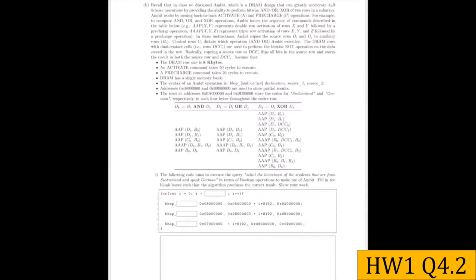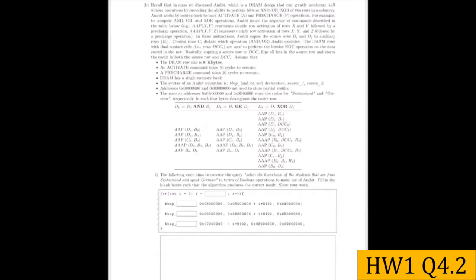And it gives an example of how it works for AND, OR, and XOR operations, right? It also says that Ambit has some control rows that detect if you're going to execute an AND or an OR operation. And there are these dual-contact cells that are used to perform bitwise NOT operations on the data.